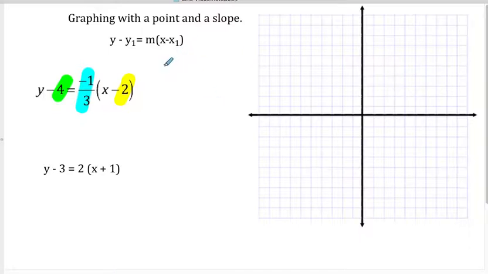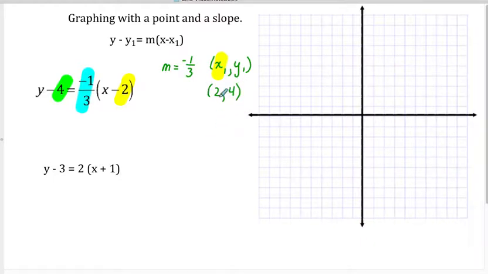So let's just write down that information. My slope is negative 1/3. My x1 value and my y1 value, so x1 is this with the x, right? In the parentheses with the x is the x1. So that's 2. And y1 is with the y, so that's 4.